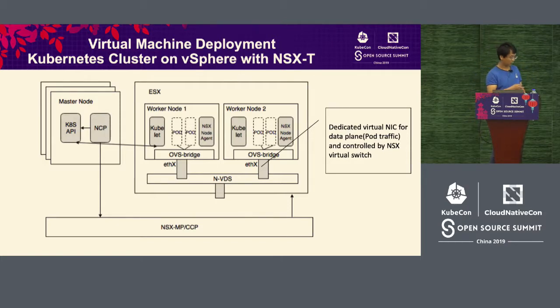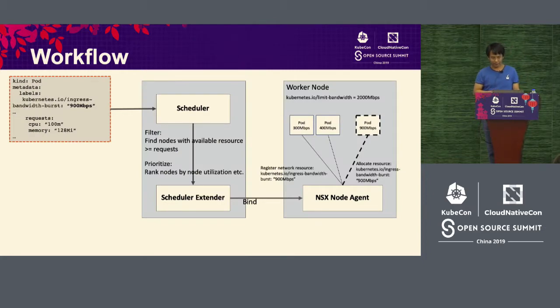The core principle for us is to manage the bandwidth of the node and the ingress and egress bandwidth of the node. For example, when a user is requesting a pod with CPU and memory, in the metadata he or she can add something about the bandwidth he or she needs.